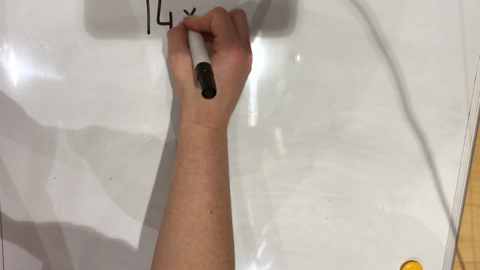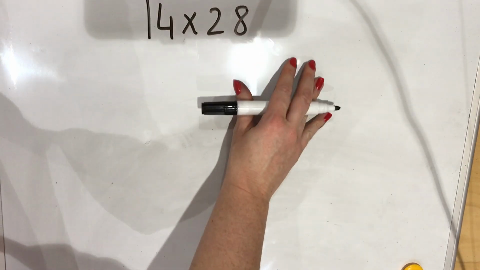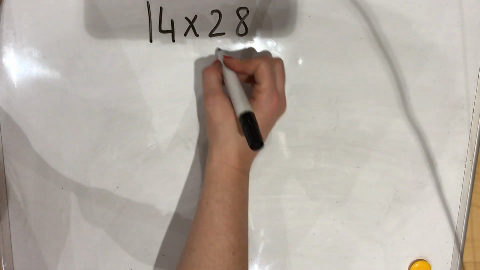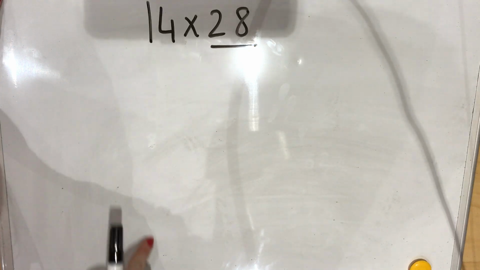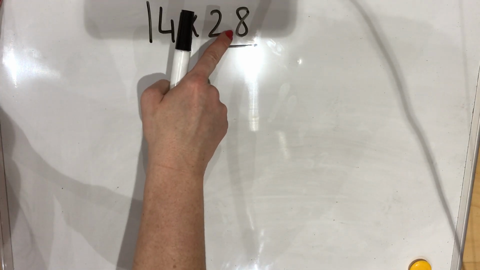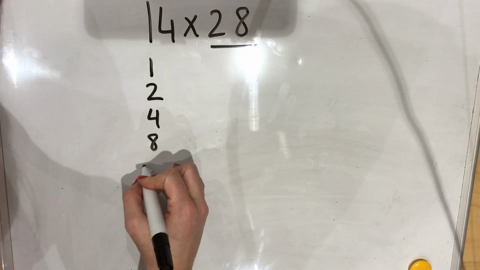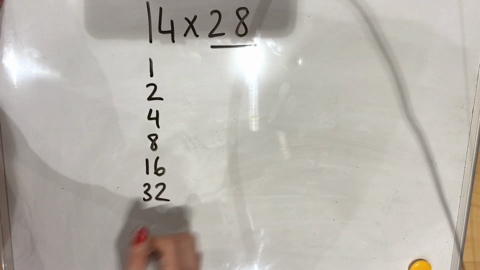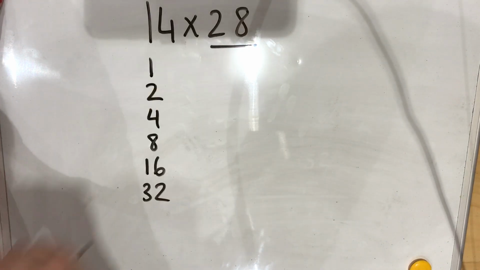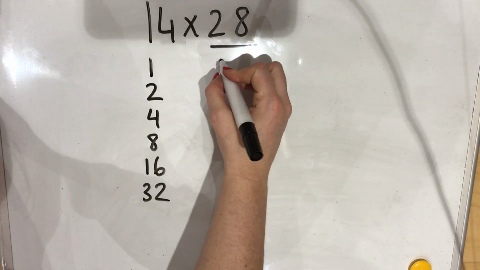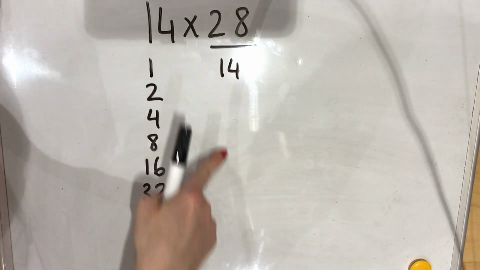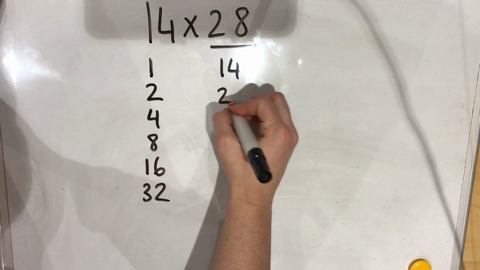So the next one we had was 14 multiplied by 28. So I'm going to keep going, keep doubling until I get to a number larger than 28. I can stop here because 32 is larger than 28. And then here I'm going to double my 14s.